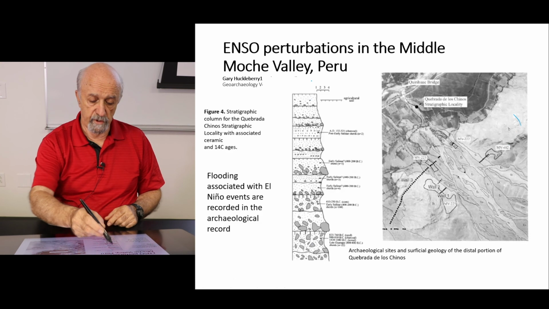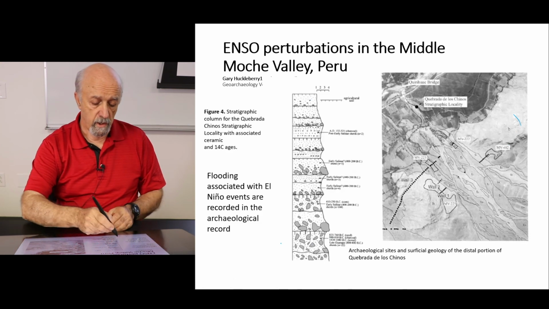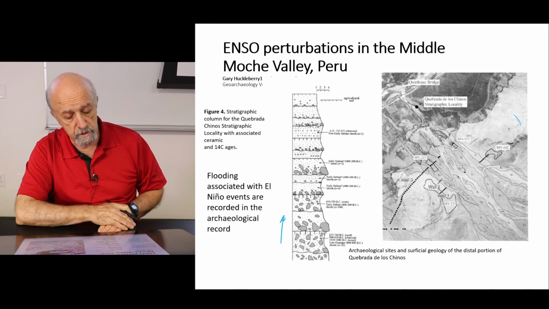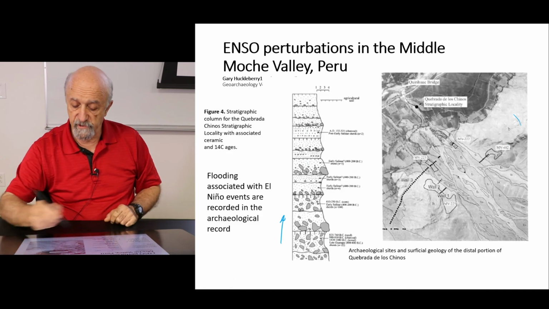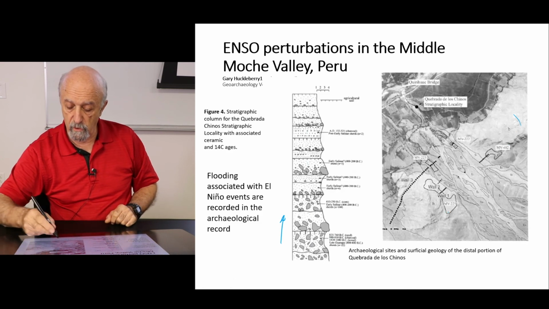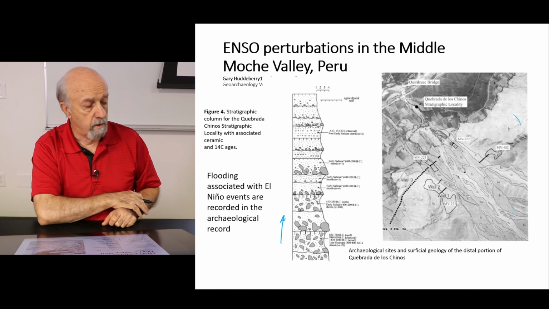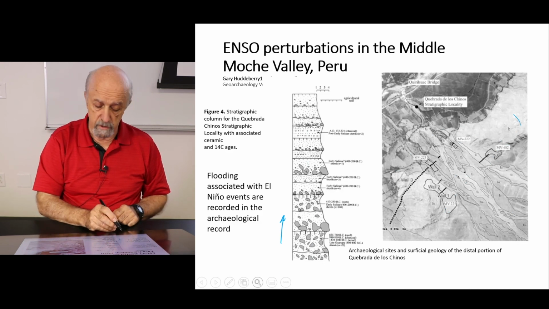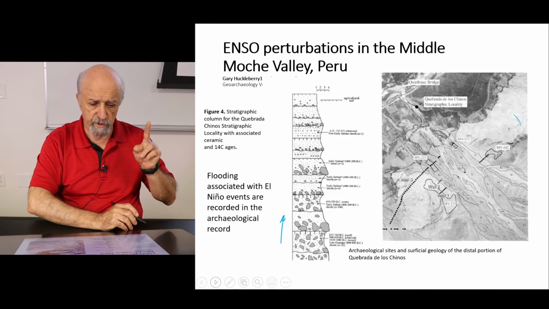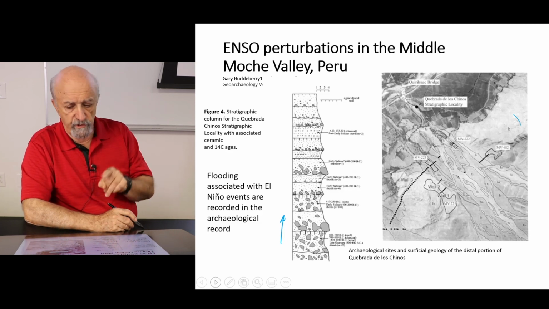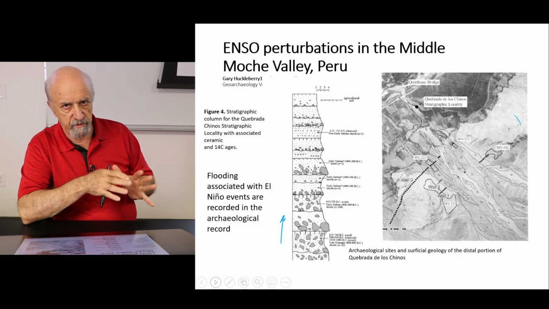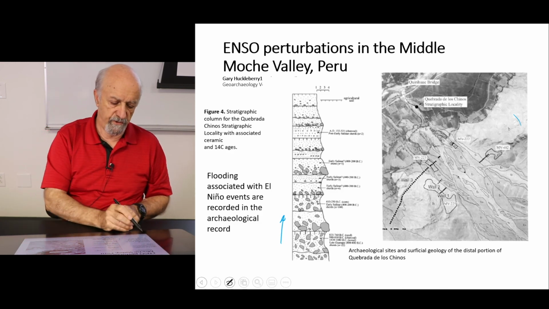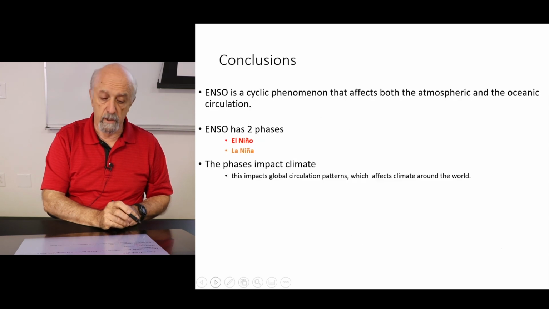And it can be recorded in time, as we see here in this stratigraphic archaeological section, and see here the different events that were flooding the valley where these pre-Columbian cultures were living. So it's an important factor now in the consideration of what was going on in the abandonment of some of these city cultures.